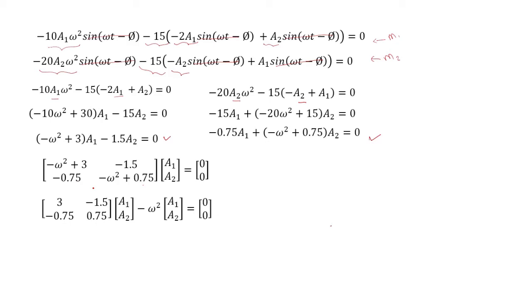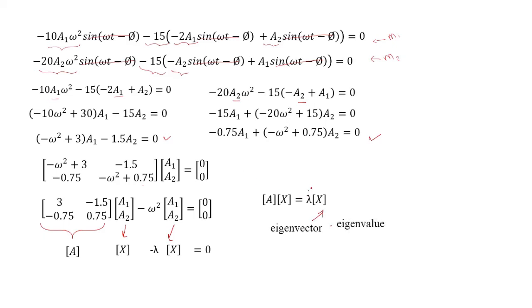So let's give some names to these matrices. This matrix is called matrix A. This matrix is called matrix X, and this omega square is termed as lambda, and on the right hand side we have a 0. So you can write this as matrix A times X is equal to lambda into X, where X is called the eigenvector and lambda is called the eigenvalue.